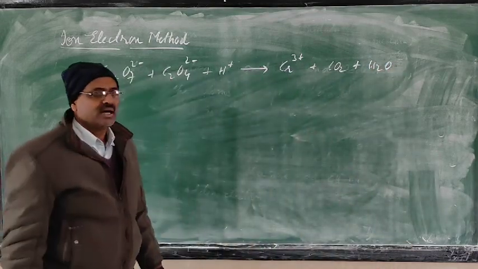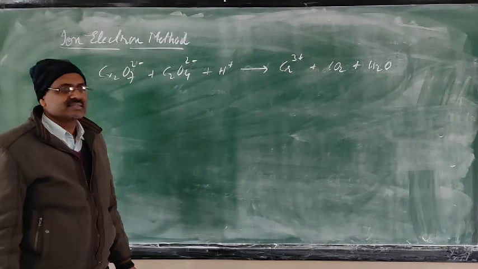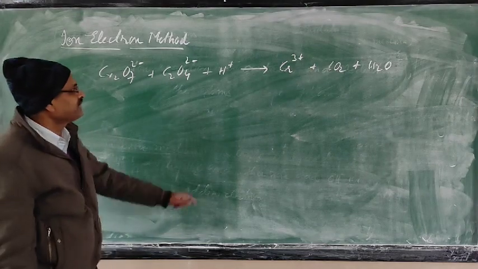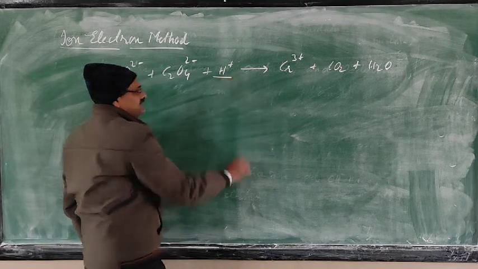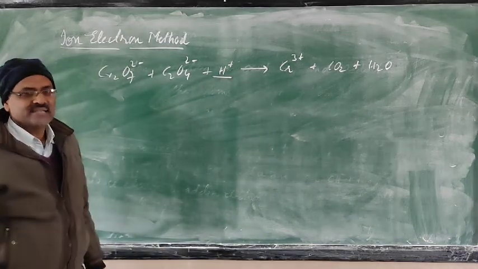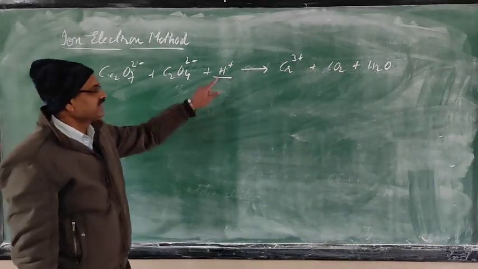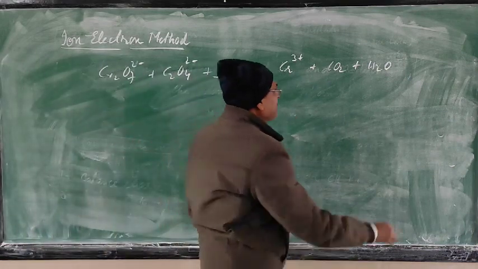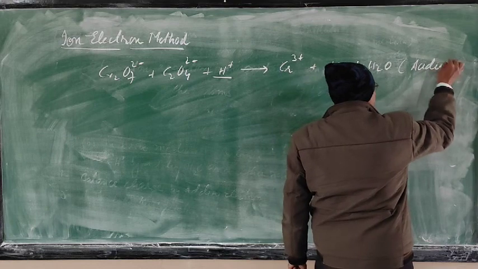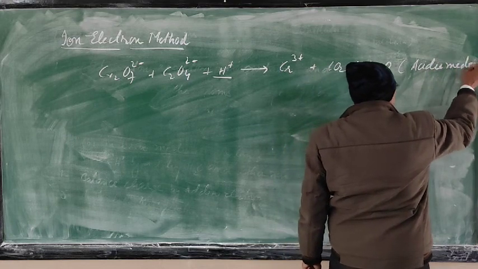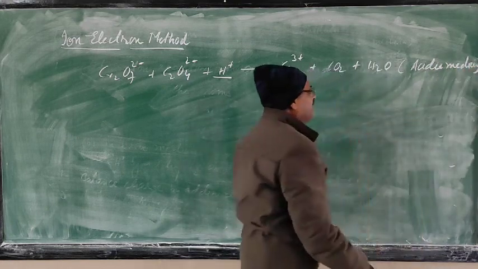If you are thinking how you can know whether the reaction is in acidic or basic medium, it is very simple. If H plus ion is given, it is acidic. If hydroxyl ion is given, it is basic. So in this equation H plus ion is written, it means it is in acidic medium. So you have to apply the rule that you studied for acidic medium.